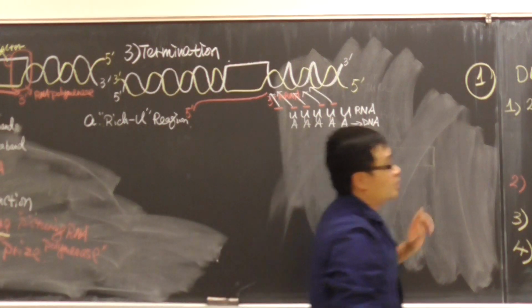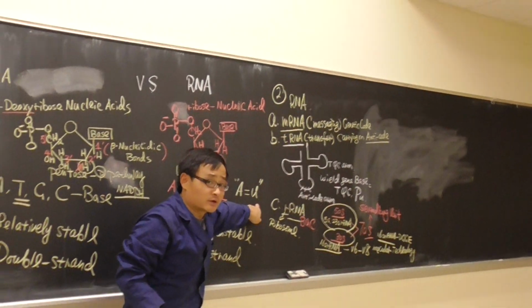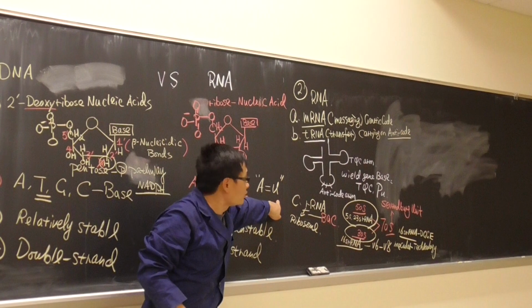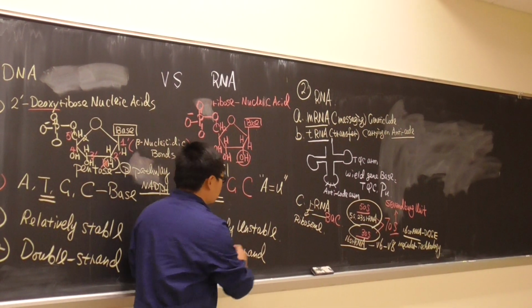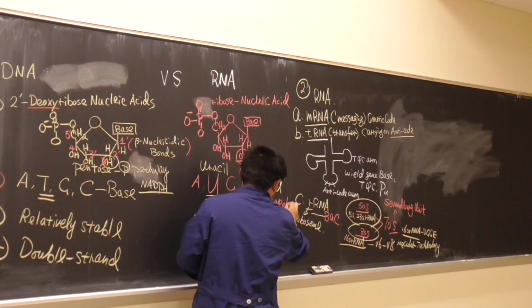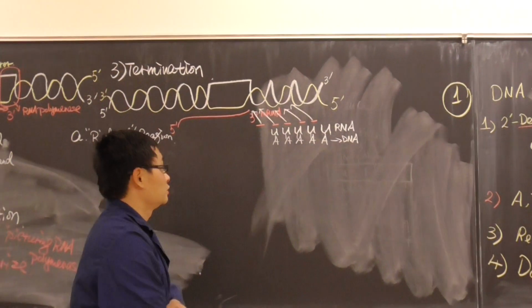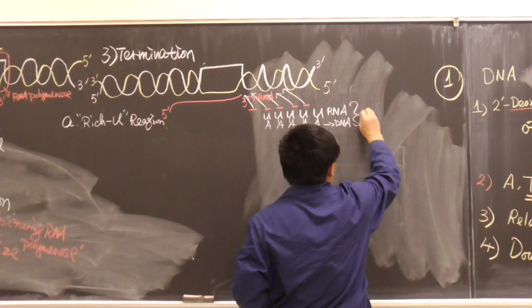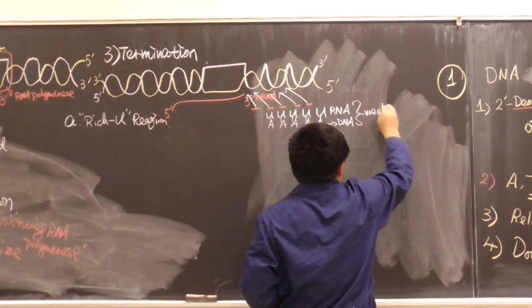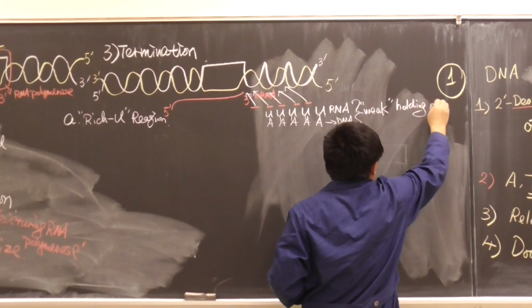But I already told you, if you still remember, the rich U area, the AU combination, is a very weak bond. You can go back and look at the energy, the delta G. This is very weak. It's not going to hold on too long.